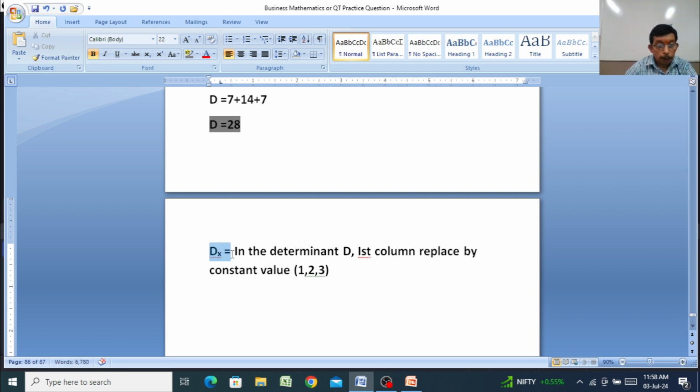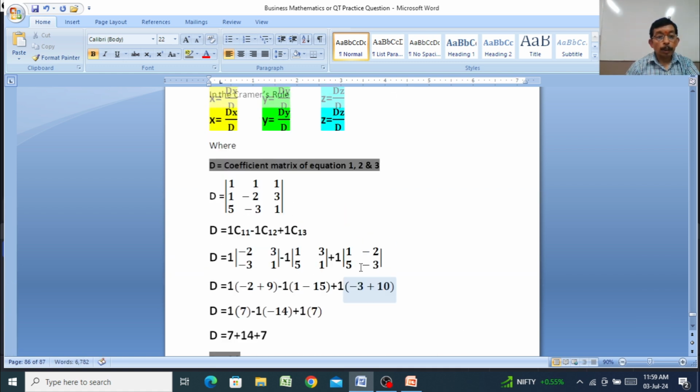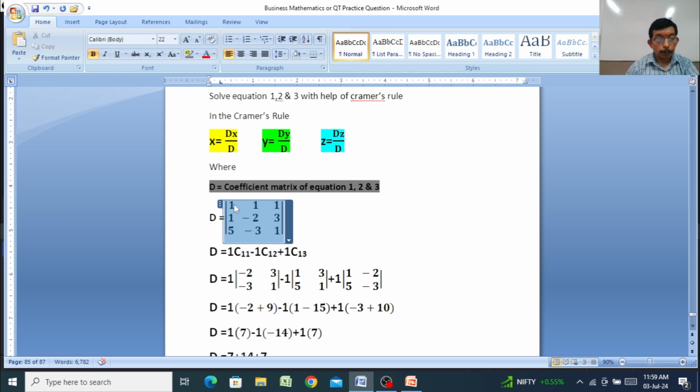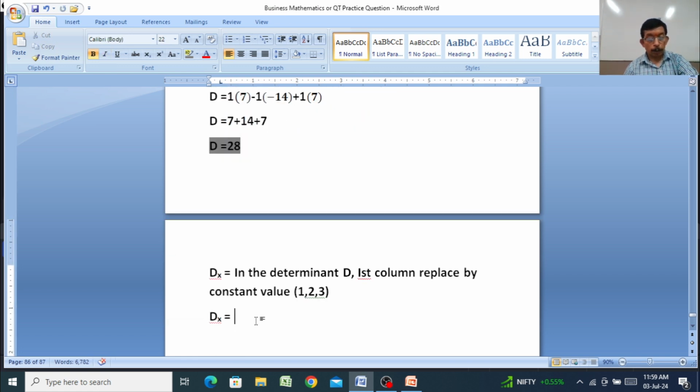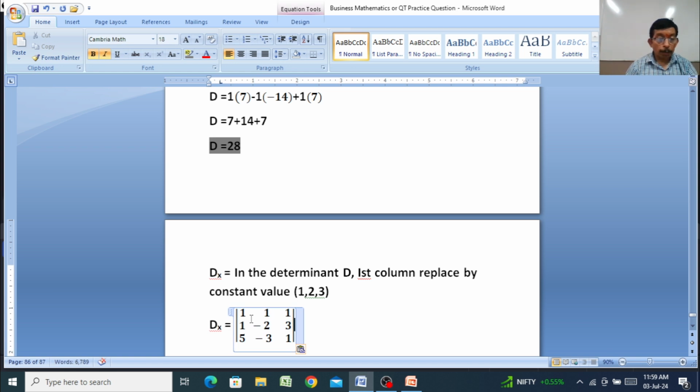Now Dx equal to, first we note down the determinant D, and the first column is replaced by 1, 2, 3.